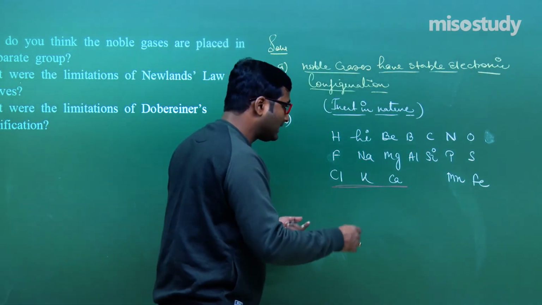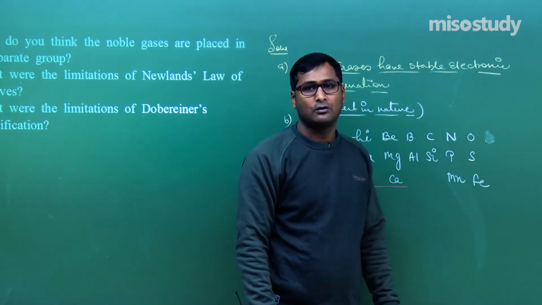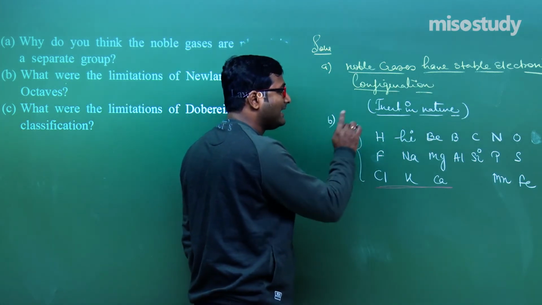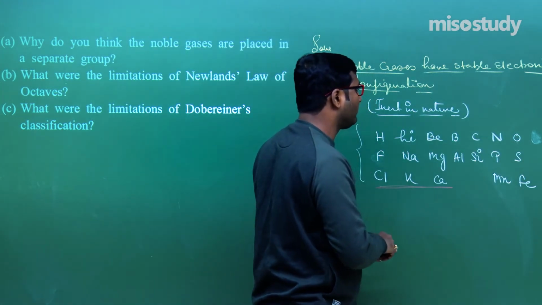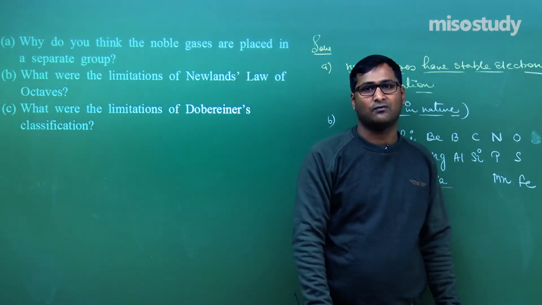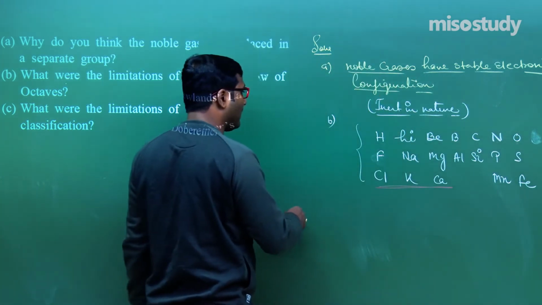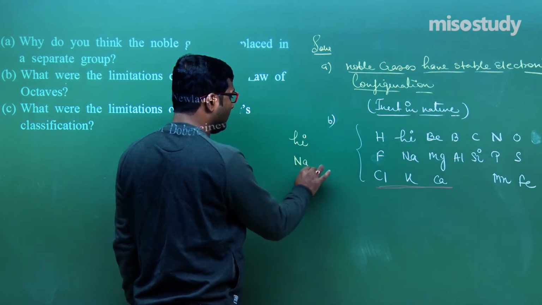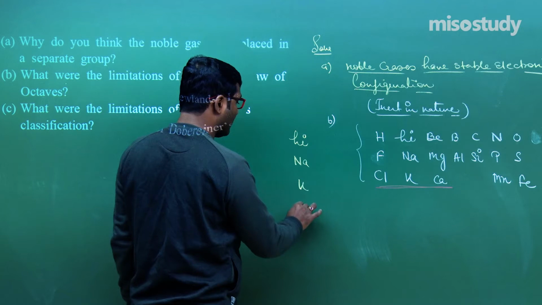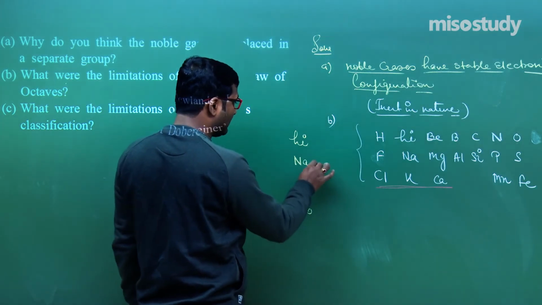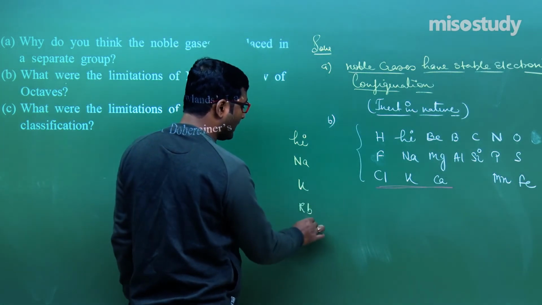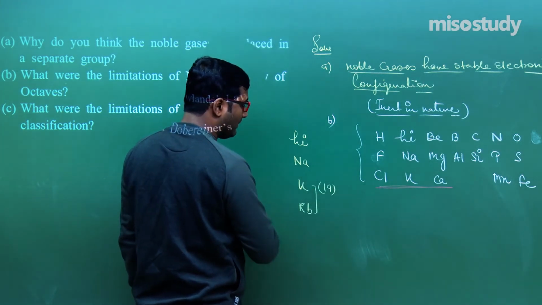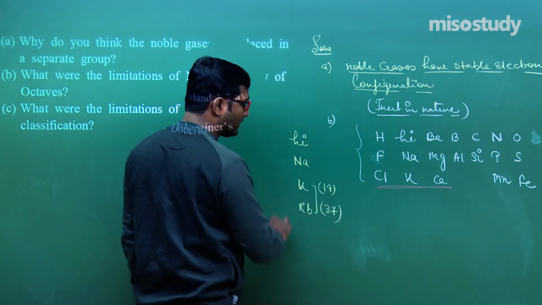After that this law does not hold good, because after the discovery of a maximum number of elements, this order, that is first and eighth element, was not followed. If I arrange lithium, sodium, potassium, then there comes rubidium. After potassium, rubidium has a big gap, not 8, because potassium has atomic number 19 and rubidium has atomic number 37.